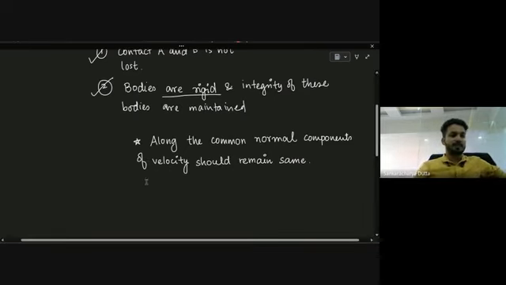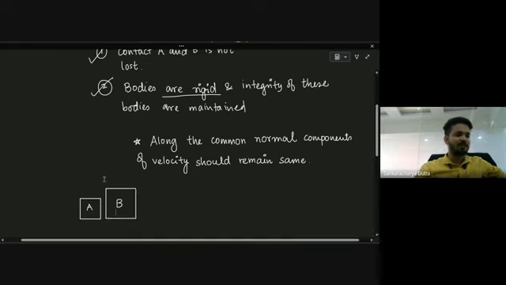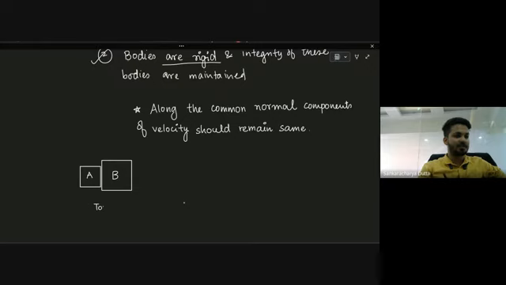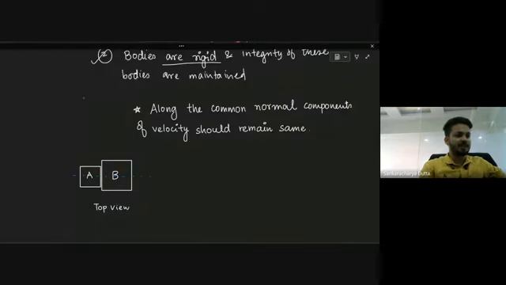Now let me ask you this. Let's say this is block A and this is block B, and they're not kept on the ground, they are kept on a table, and I'm looking from the top. This is the top view. The dotted line is the forward direction.